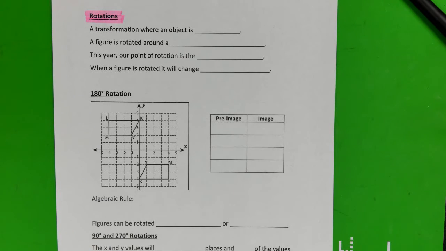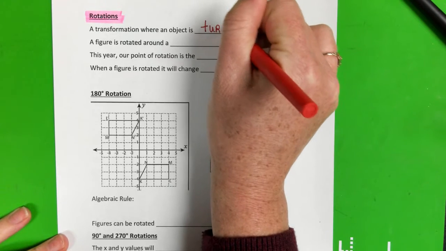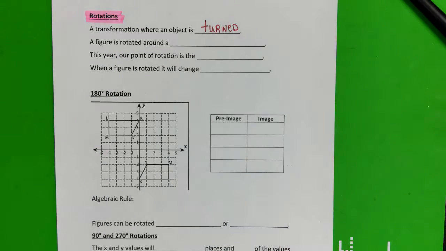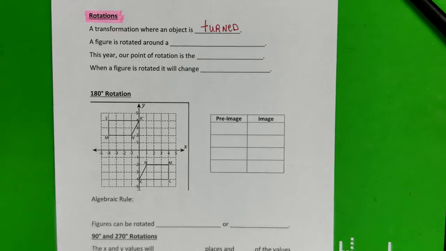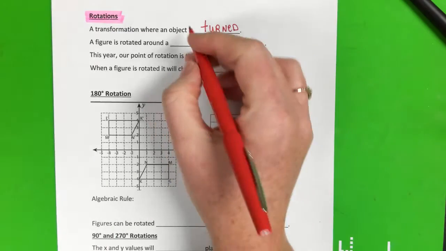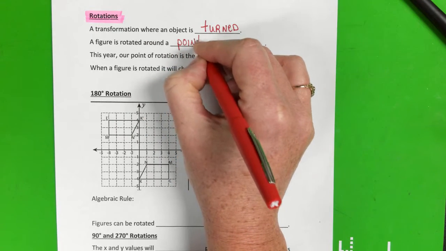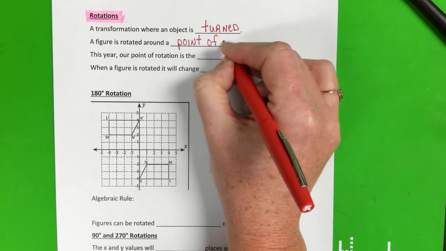Okay? So what is a rotation? A transformation where an object is turned. So it's exactly what you think it is. We're rotating it. We're turning the object. A figure is always rotated around a point or center of rotation.